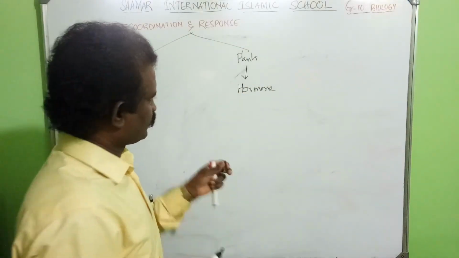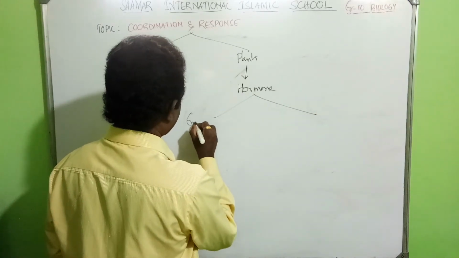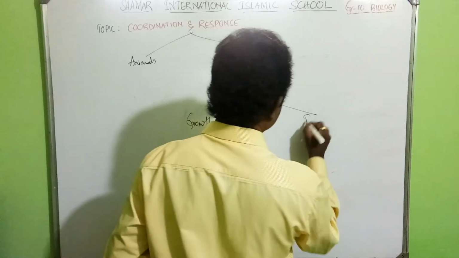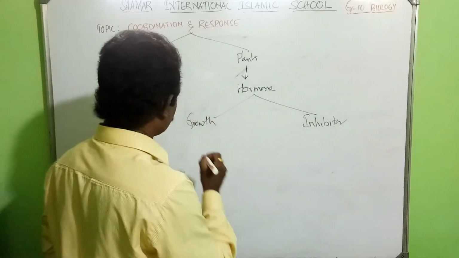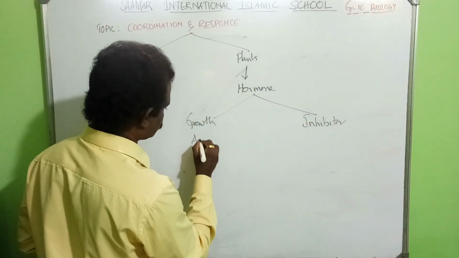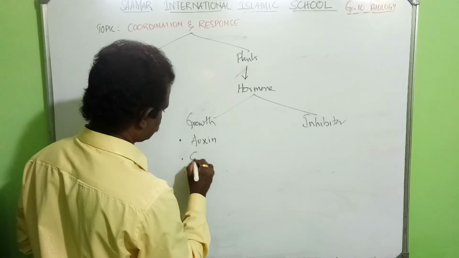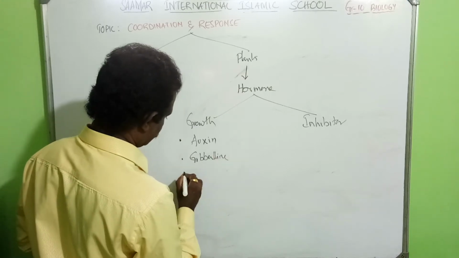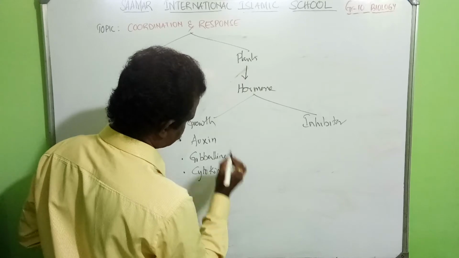So there are 2 types of hormones in plants: growth hormones and inhibitors. In growth hormones you have auxins, gibberellins, and cytokinins. Is it clear?